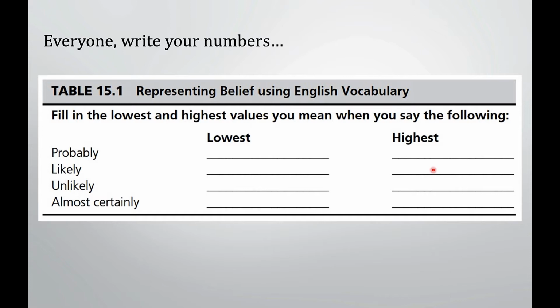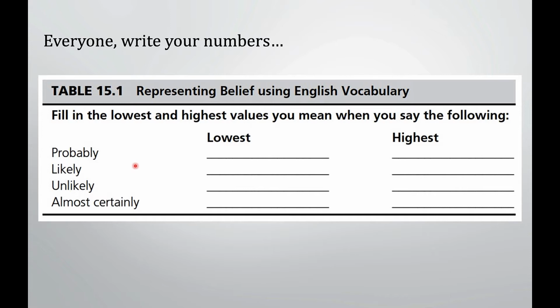You can pause the video for now and resume it whenever you have all these probabilities figured out. These 8 blanks need to be filled with numbers between 0 and 1, including 0 and 1, meaning I'm asking for the probabilities that you would use for these words.